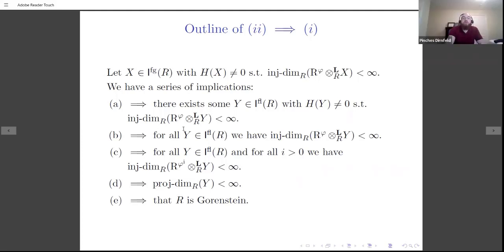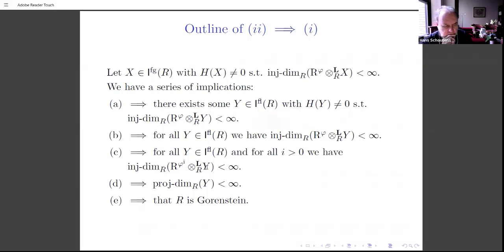I can show that if I keep pushing this Y along with the twist by phi^i, I always stay at finite injective dimension, but that forces Y to have finite projective dimension to begin with. Okay, yeah, right. That's for all i. Okay. From C to D.